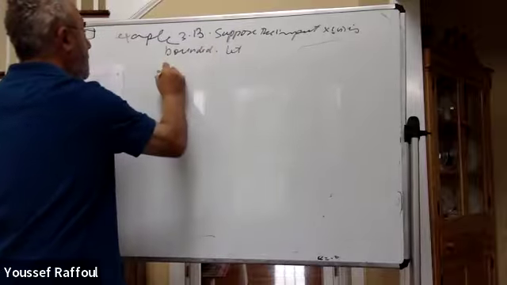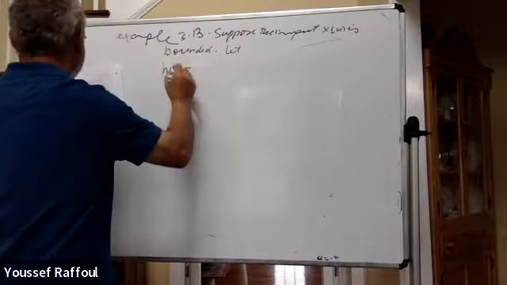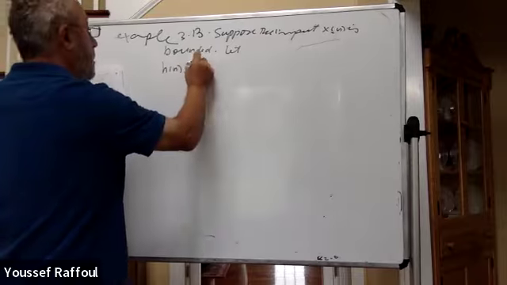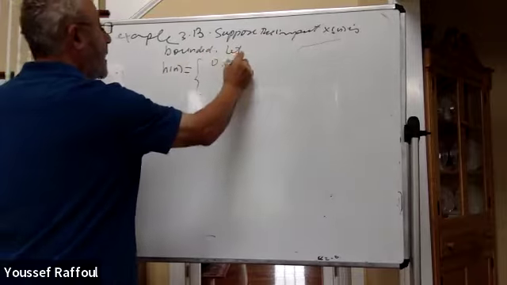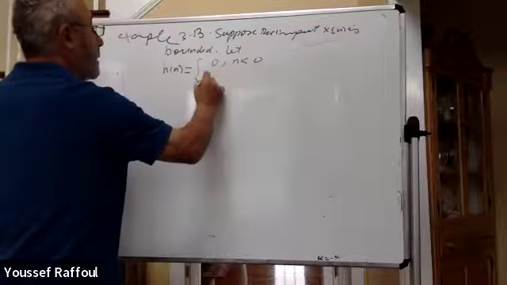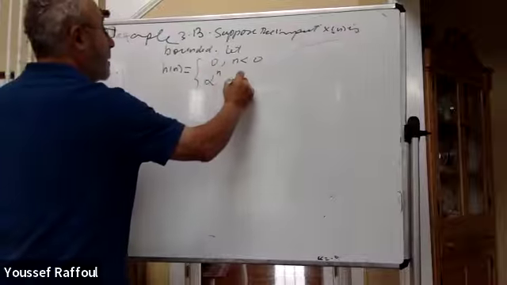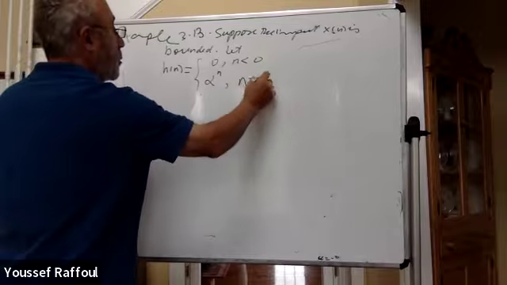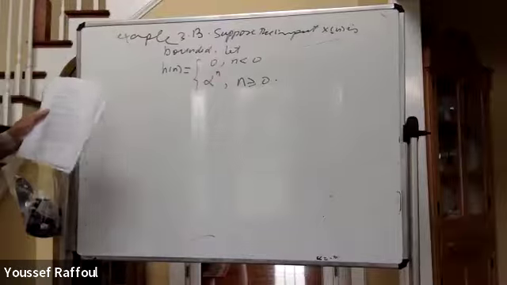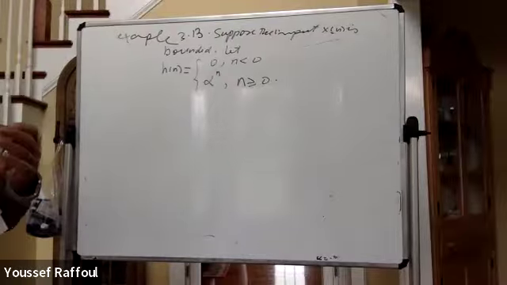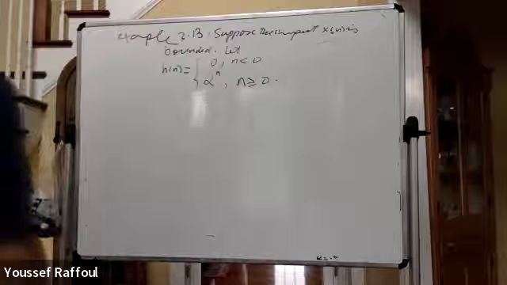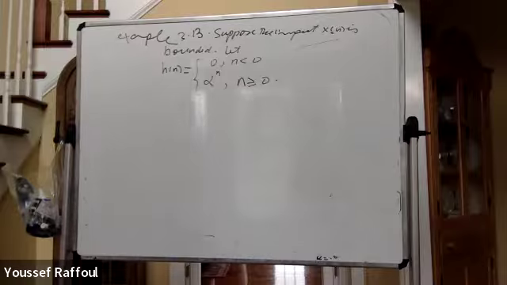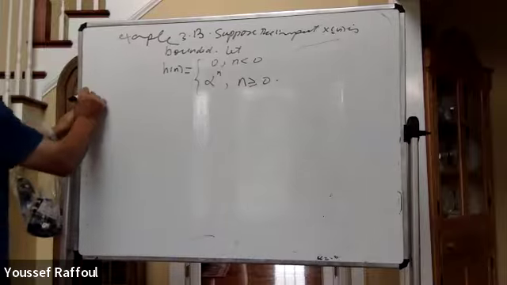Let h_n, the impulse response, be 0 for n less than 0, and alpha to the power n for n bigger or equal to 0. So we would like to see if this system is stable. Is the system stable?